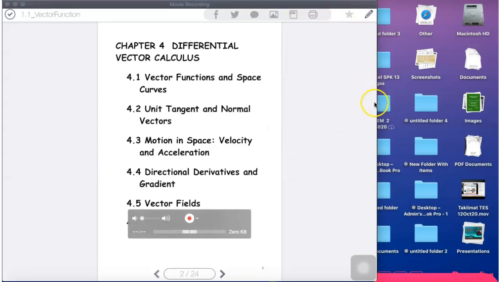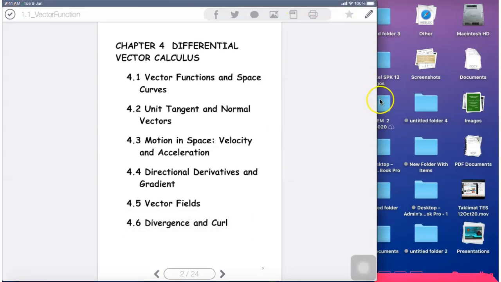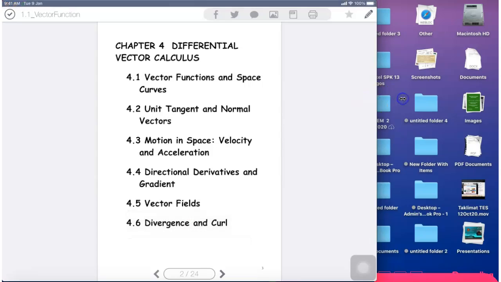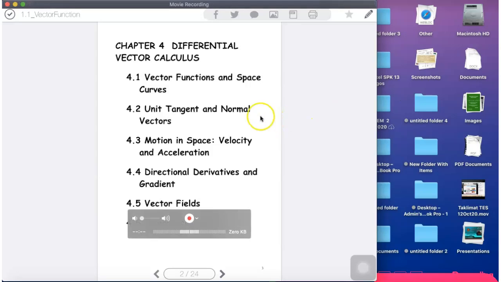Okay, now, actually we have chapter 1. Because I also need to teach engineering maths, we also have this particular topic, where this vector calculus is in chapter 4 for that particular subject.